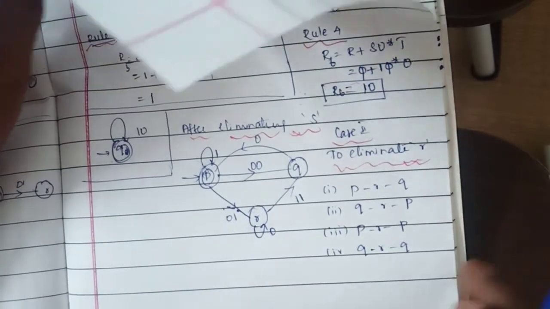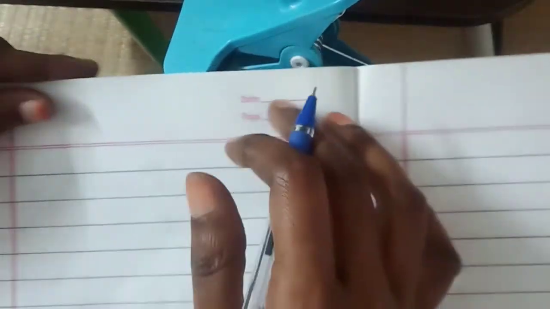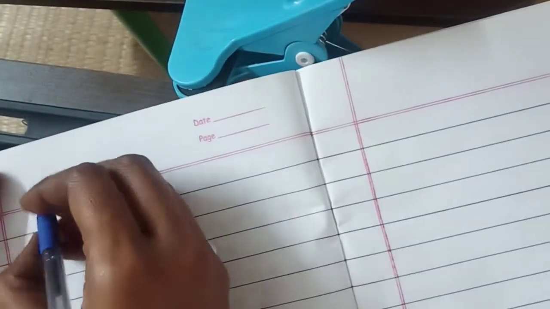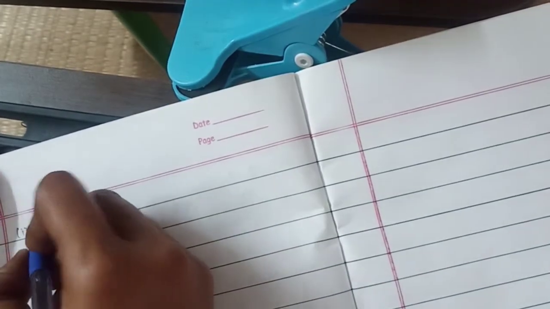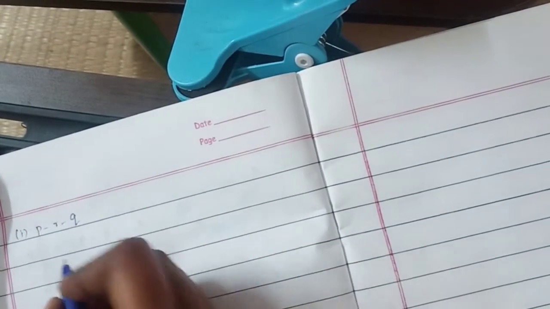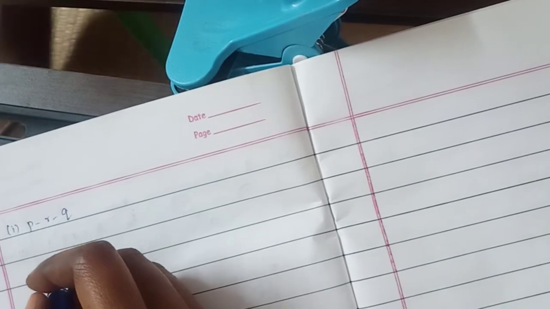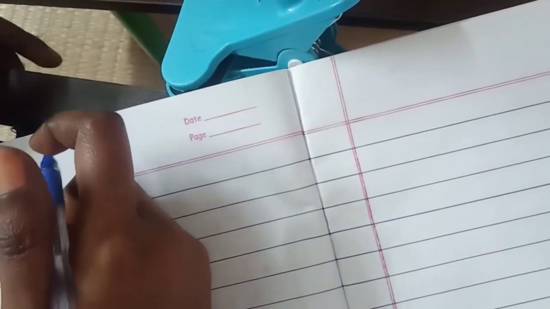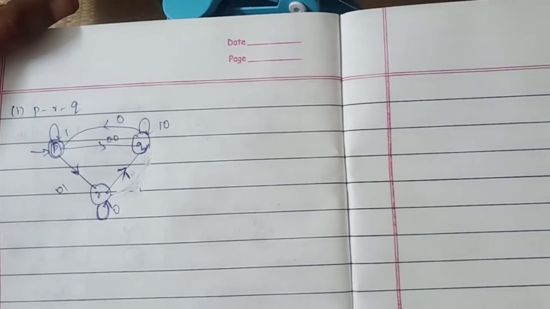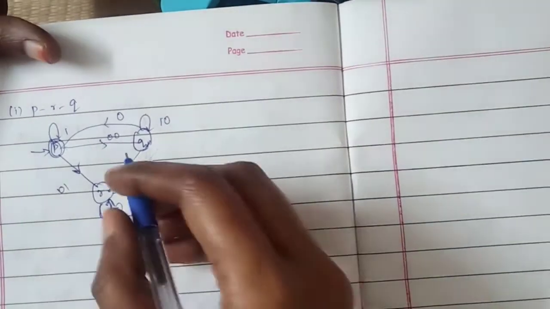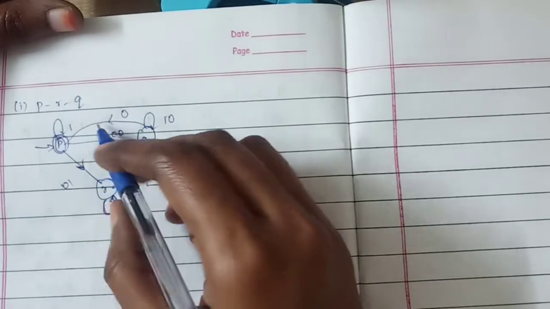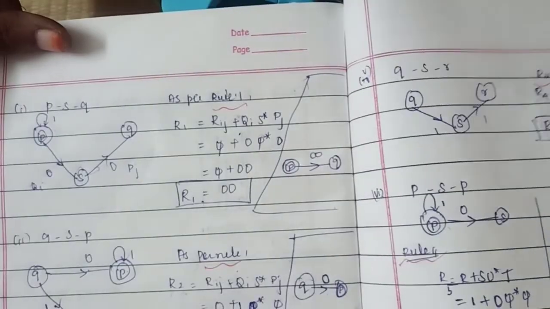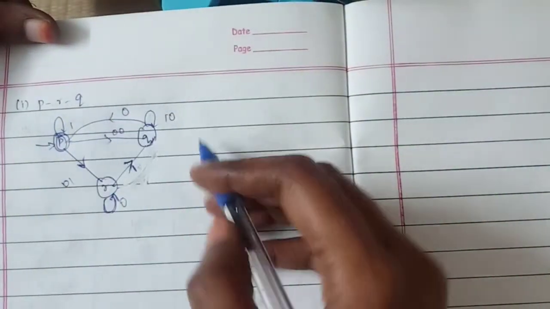So now we are going to see this under combination. So which is we have to do for PRQ, right? So now the combination here is PRQ. So what is PRQ here? So this is my first case PRQ. So after having this one, after eliminating this S, we are getting like this PRQ.